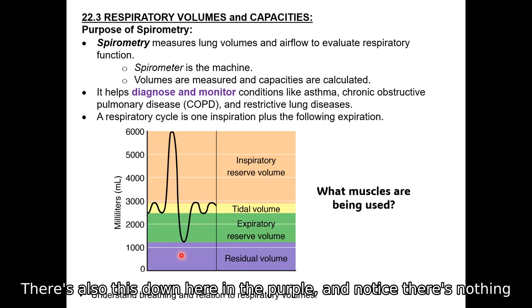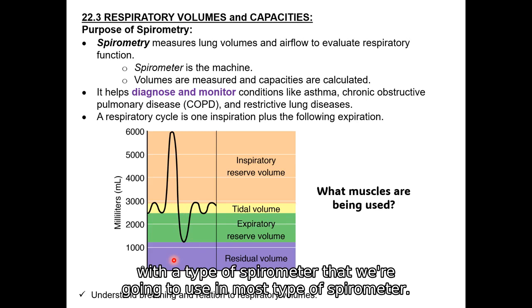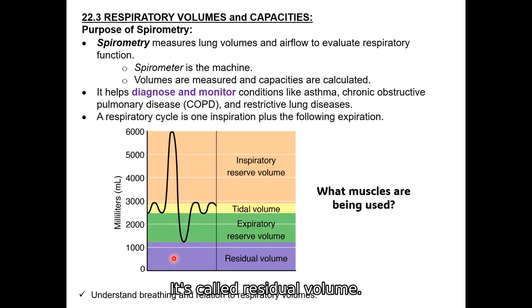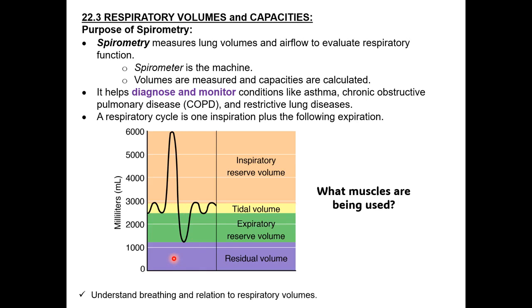There's also this down here in the purple, and notice there's nothing to measure down there with the type of spirometer that we're going to use in most types of spirometers. It's called residual volume. Our airways are open, okay? So you've got your trachea, which is held open by cartilaginous rings. You've got your bronchi, some of them have cartilage.